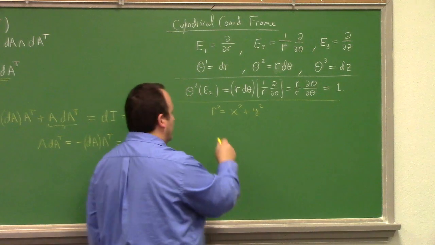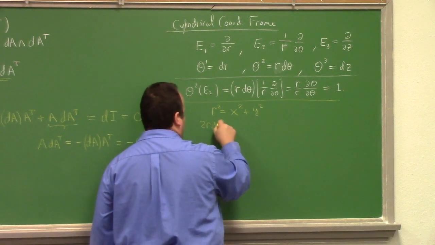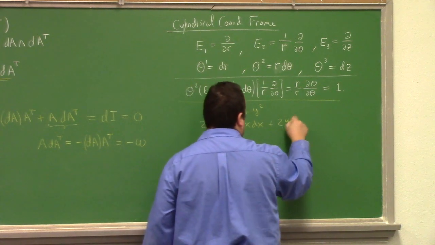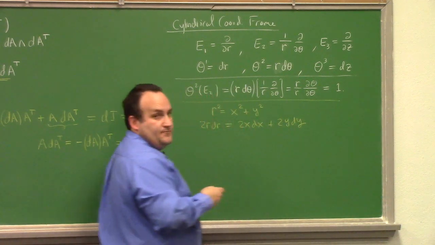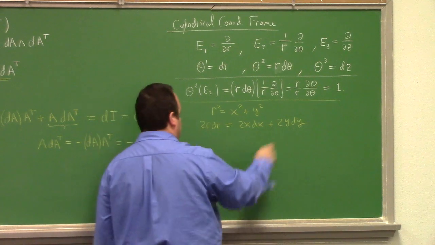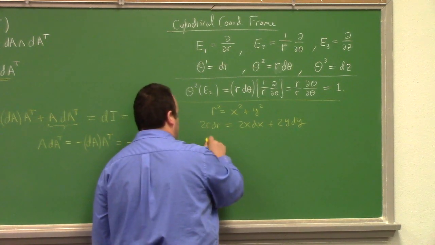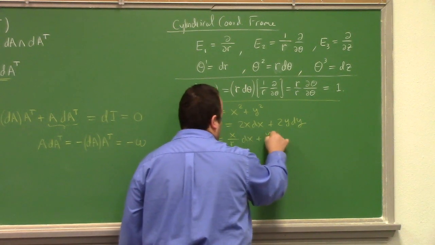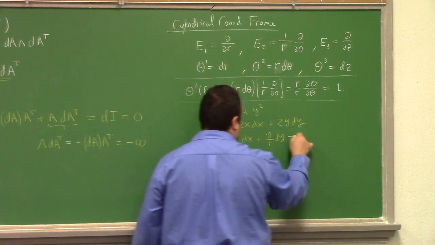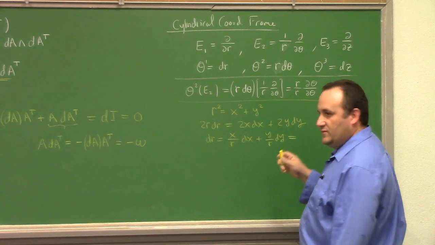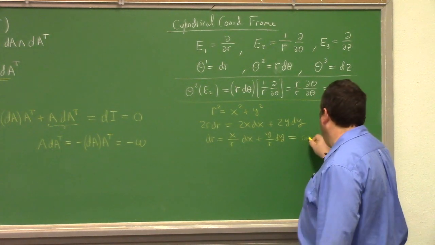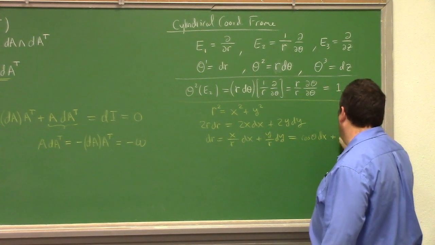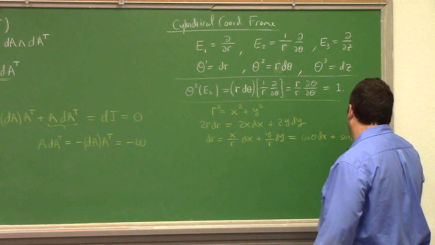So that means that 2r dr is equal to 2x dx plus 2y dy. And so if you divide by 2r, you get dr is x over r dx plus y over r dy. But by the definition of cylindrical coordinates, that's cosine theta dx plus sine theta dy, right?